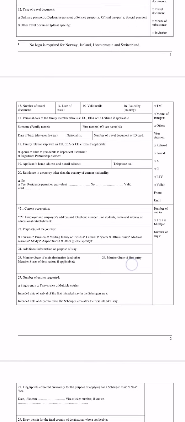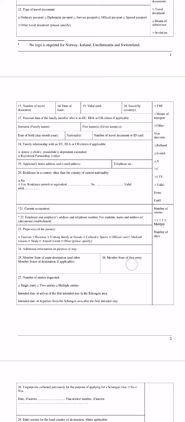Then question 18, family relationship with an EU, EEA, or CH citizen. This is the person you have in that European country. You have to put the relationship, whether it's your spouse, child, grandchild, dependent, ascendant, registered partner, or others.